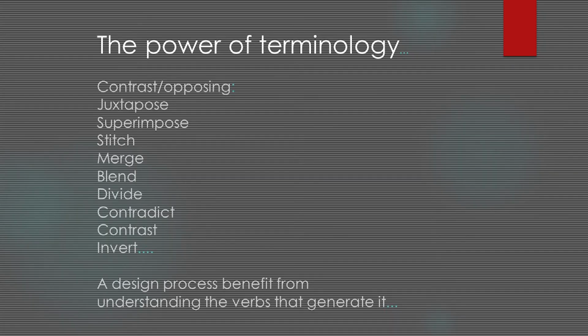Okay, so if you want to try and engage with something by association, I think there are a few words that can help you. It's the whole thing of doing things that seem to be completely opposite, and that can be in real life completely different with no associations at all. Words like juxtapose, superimpose, stitch, merge, blend, divide, and contradict.